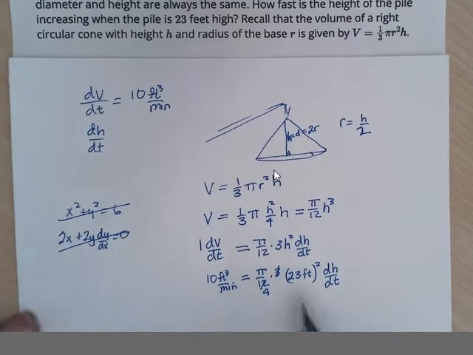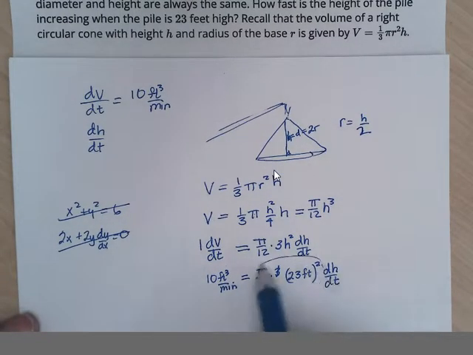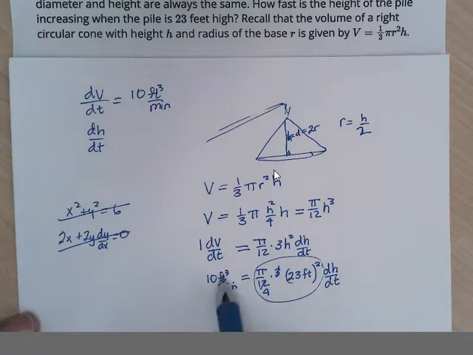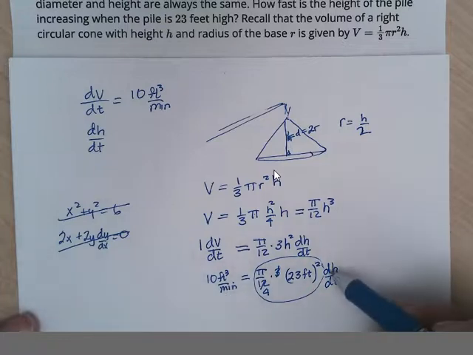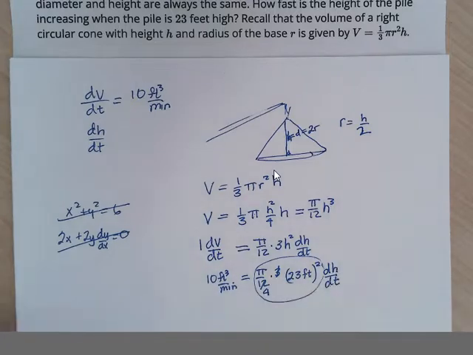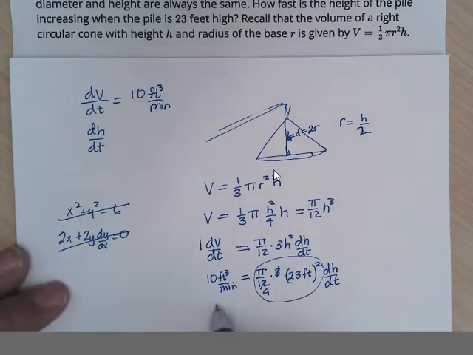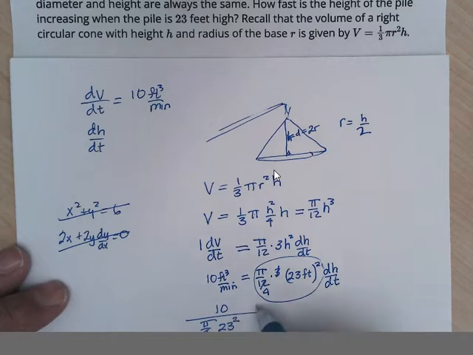Then when we divide both sides by this value, we have feet squared dividing into feet cubed, and our units will be feet per minute, which should be the units for the change in the height, in feet, over the change in time, in minutes. So our answer is 10 divided by pi over 4 times 23 squared, and the units would be feet per minute.